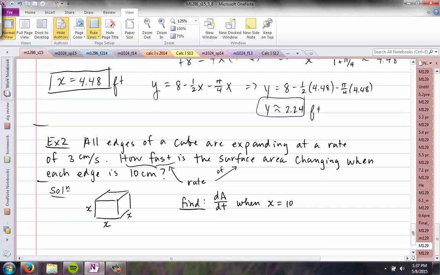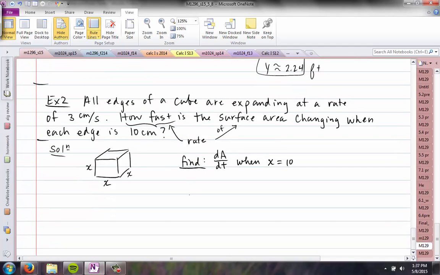So moving forward from there, we don't know for sure what the formula is that we're going to use. Sometimes it's not really obvious. In this case, it actually is kind of obvious because I'm trying to relate the things that I am either trying to find a rate for or I'm given a rate for. So I need an equation, and it needs to have an A in it for surface area, stripped down of the rate part.